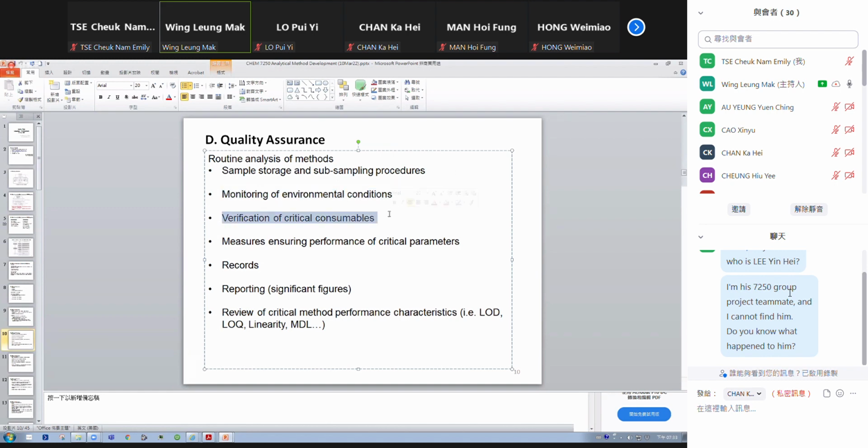Verification of the critical consumables, because for some tests we need cleanup. For the cleanup, maybe we use SPE, solid phase extraction tubes. The size of the extraction tubes should not be too small, otherwise it will be overloaded with a high amount of sample input.